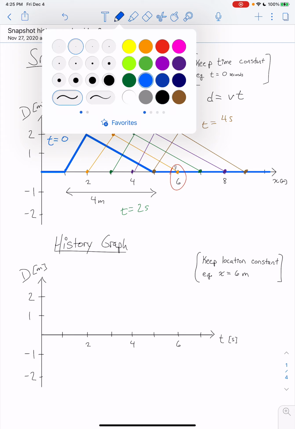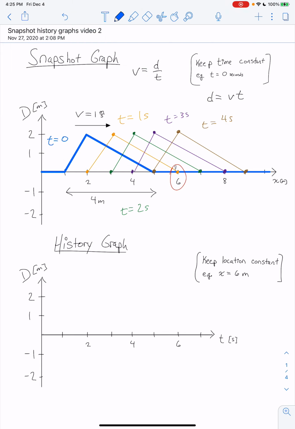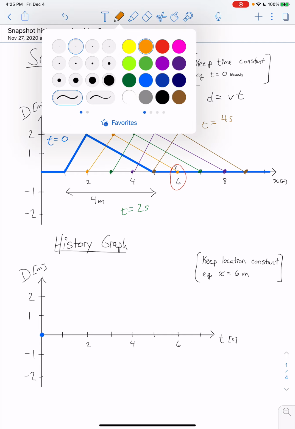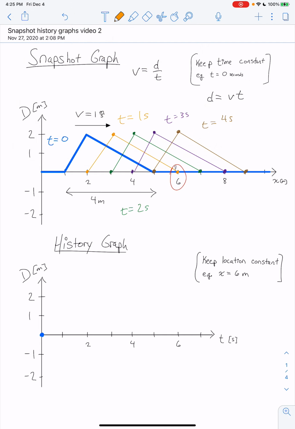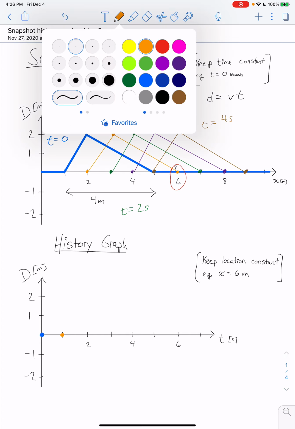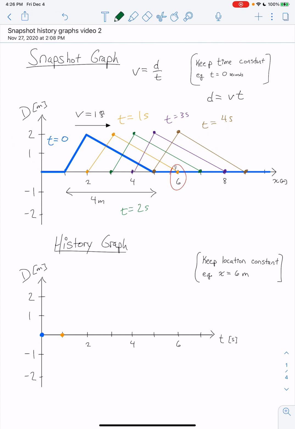In blue, we're going to have x is equal to 0, and at that point we've got a displacement of 0. So let's go down to our history graph and plot that. What's up next? T is equal to 1. What's happening at t is equal to 1? It's still 0. Okay, so here we go. Displacement is 0. Now, what's happening at t is equal to 2 seconds?